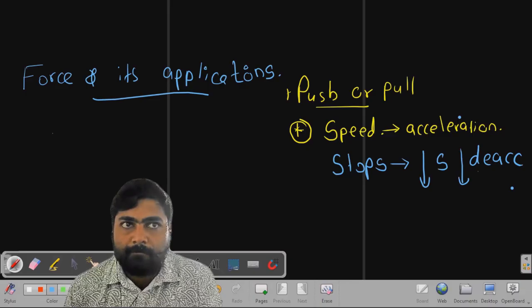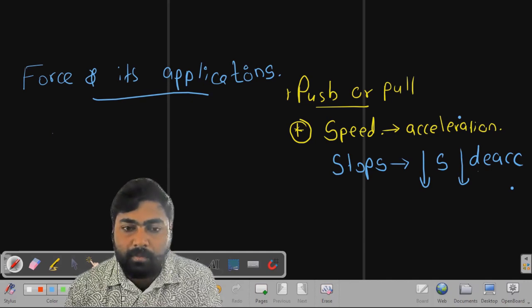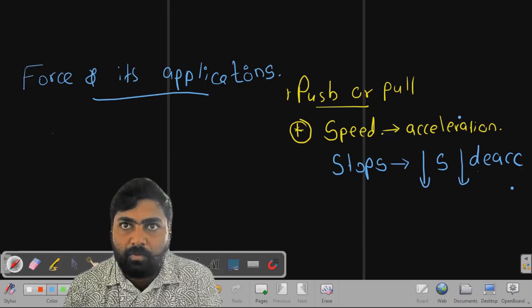Think about a cricket match. A ball is moving towards a batsman. When the batsman hits the ball, what happens? The ball moves in the same direction or a different direction?